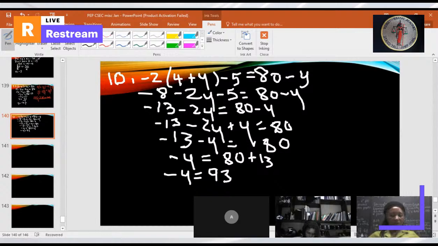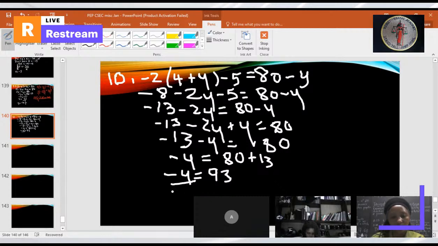Okay, so what do we do from here? How do we get y instead of negative y? Miss, you divide negative y by negative y. So what we need to do is to divide both sides by -1.